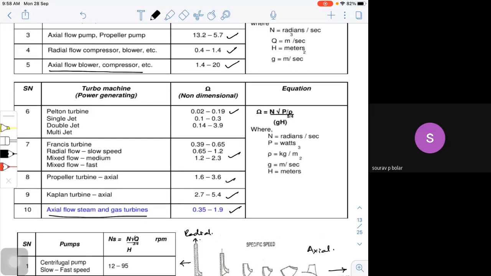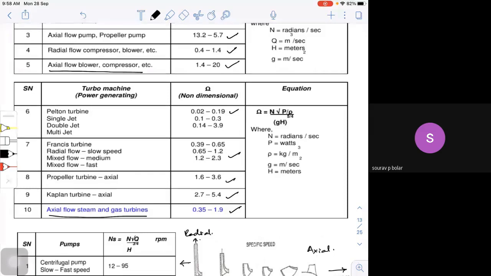Even if Kaplan and propeller turbines are both axial, if the numbers are in between, something around 0.6 or 0.7, then I'll go with a Francis turbine. They are a little bit radial as well as a small quantity of axial, so they are almost mixed flow.